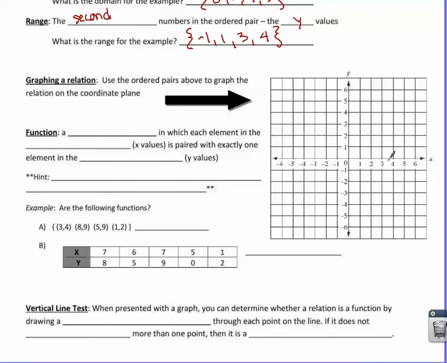I'm going to walk 4, fly 3. 5, 4, start at the origin, walk 5, fly 4. 0, -1. I'm going to walk 0 units, fly down 1 unit. 2, 1. I'm going to walk 2 units to the right, fly 1 unit up. You notice that this forms a line.